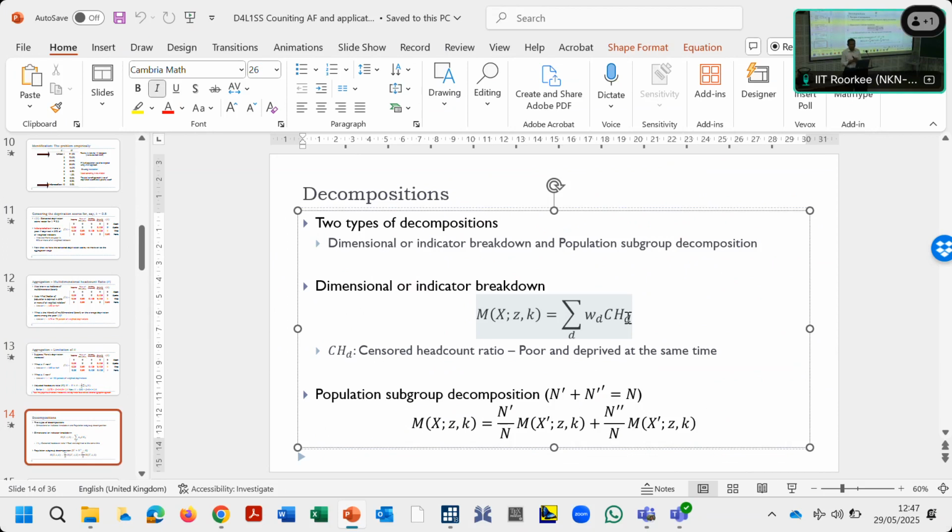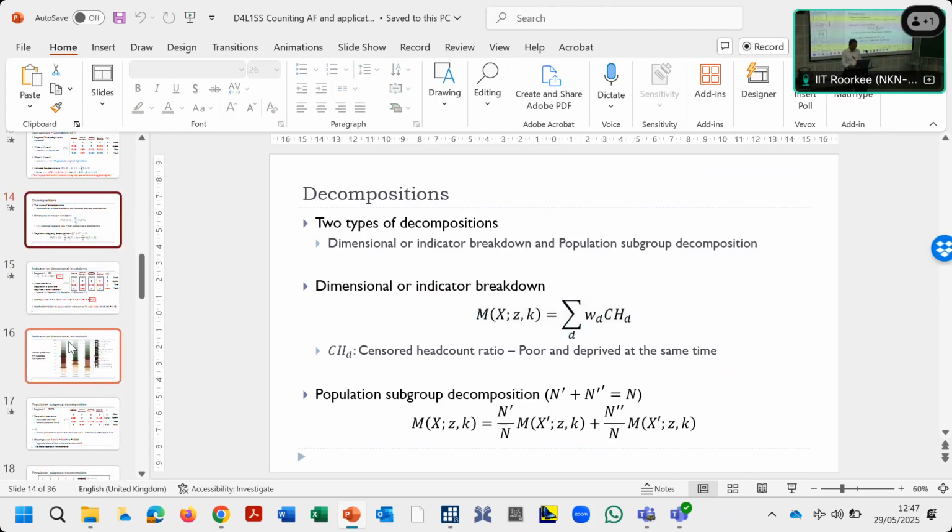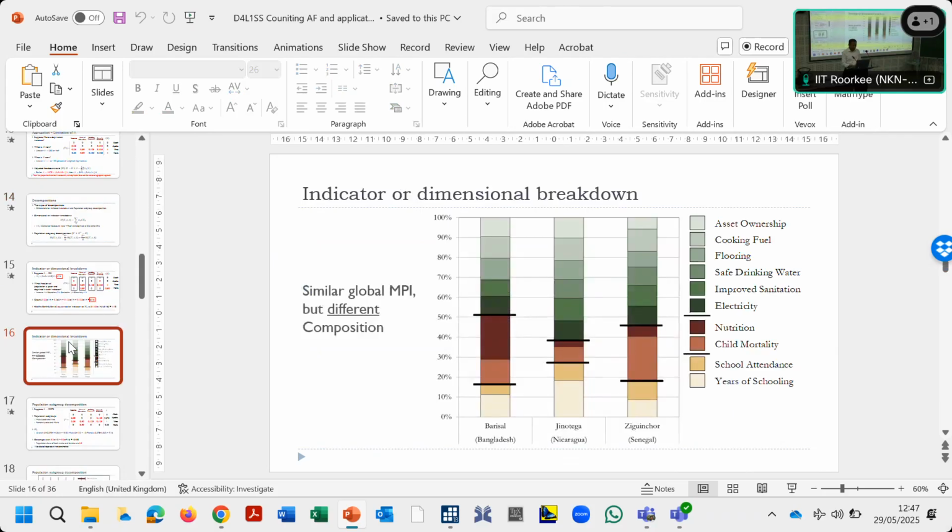And for percentage contribution, what you have to do, did I have the formula? It's intuitive, I didn't write it down. So to compute the relative contribution, you will take the weight, say W1, times censored deprivation 1, and divide by the adjusted headcount ratio, M0. That will give you the contribution of one indicator.